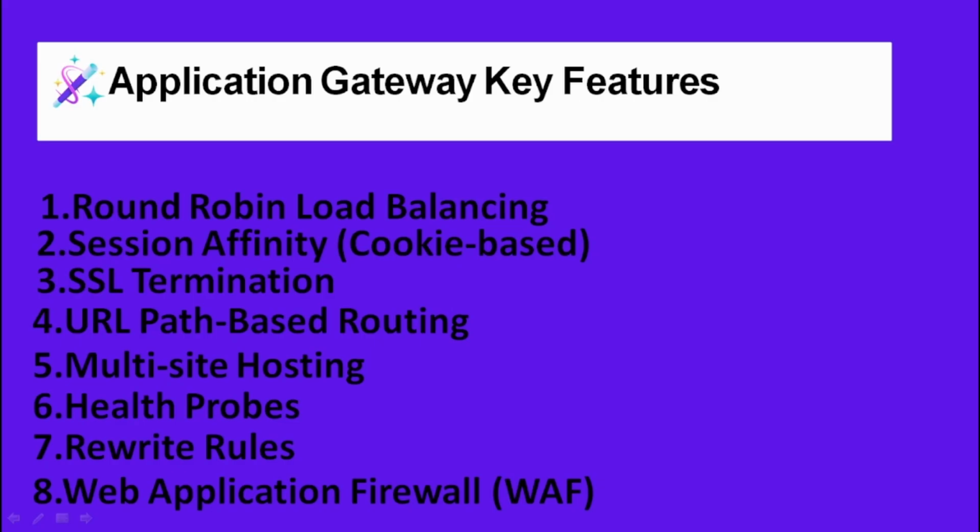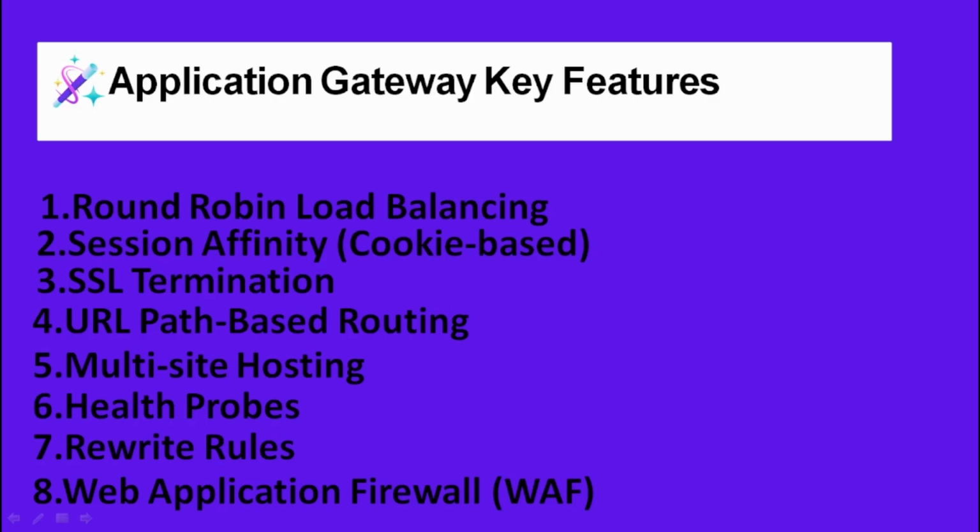Whenever a user hits the xyz.com/videos URL, it will go to the specific backend pool that has that configuration, the videos configuration, and that server is responsible for handling the video requests. So this is one of the best key features of the Application Gateway, which is URL path based routing.